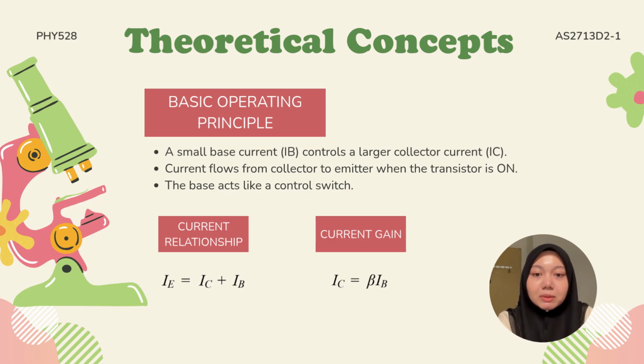The relationship between the transistor currents is given by the equation IE equals IC plus IB, where IE is the emitter current, IC is the collector current, and IB is the base current. Another important equation is IC equals beta IB, where beta is the current gain of the transistor. This shows that a small base current can produce a much larger collector current.